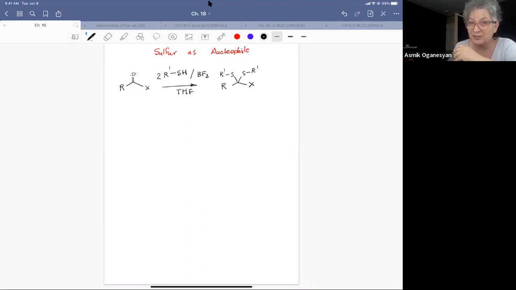The reason is that through this reaction, we will be able to form a dithiane, which is very useful for formation of ketones and aldehydes, okay? So we're going to start with a very, very simple carbonyl compound, formaldehyde. So I want to have just the hydrogens attached to the carbonyl carbon.